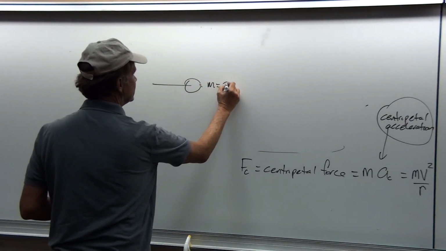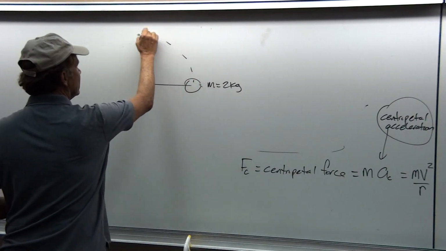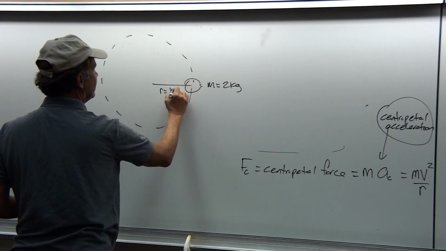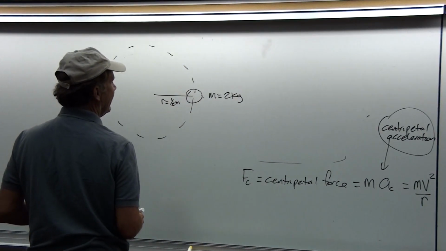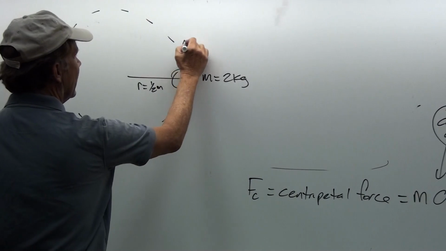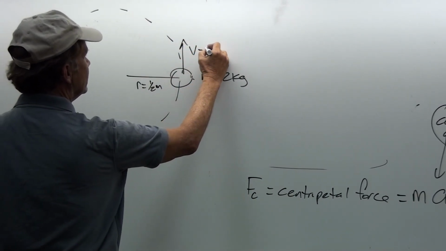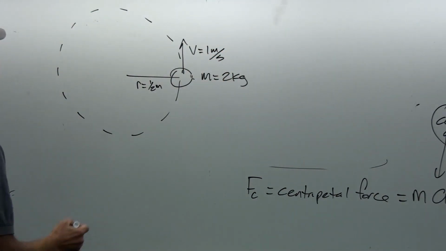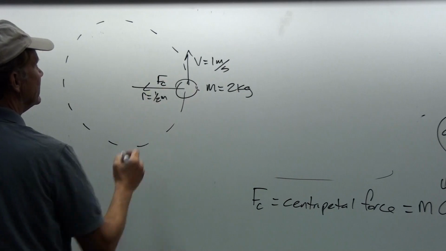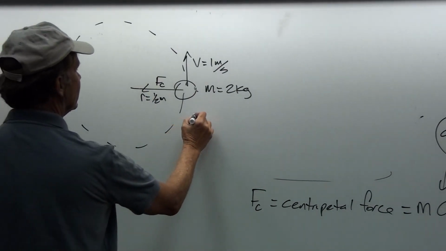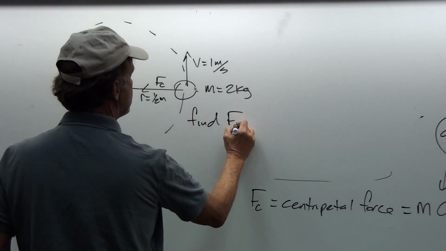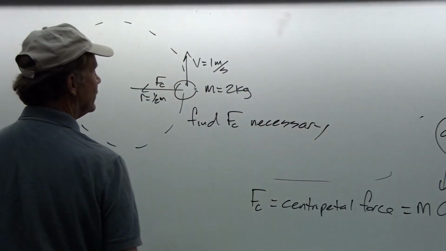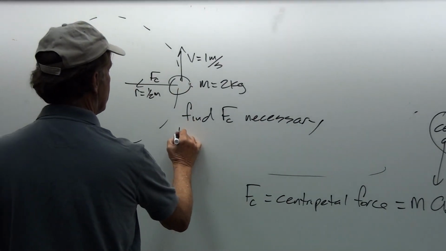Let's say m is 2 kilograms, the radius r is equal to 1/2 meter, and the velocity v is equal to 1 meter per second. Let's find the force, F_c, necessary to keep it going in a circle. So this is the centripetal force necessary to maintain this motion.